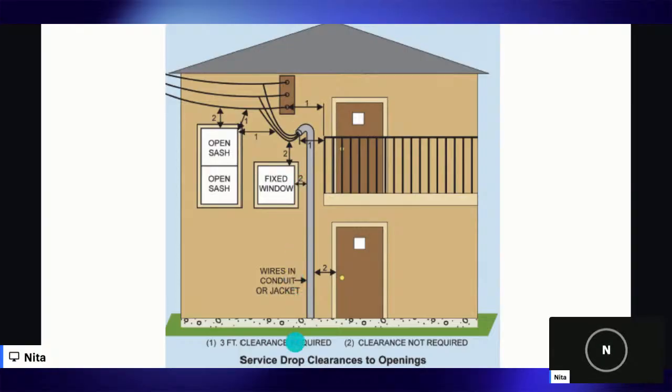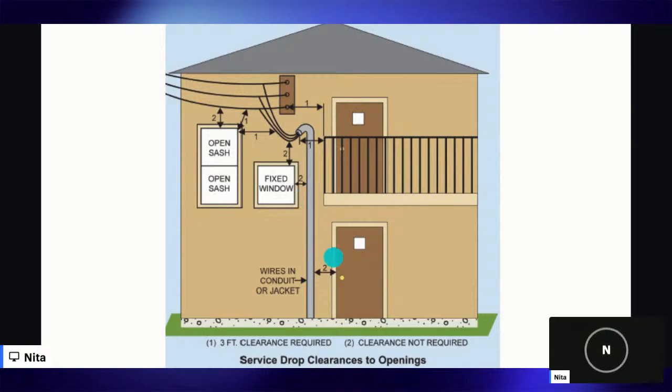What would this represent? Your service mast? That's correct. The service mast. So remember when I said, think of it like a tube, the technical term is conduit. Our cable assembly is inside of this conduit that we call our service mast.